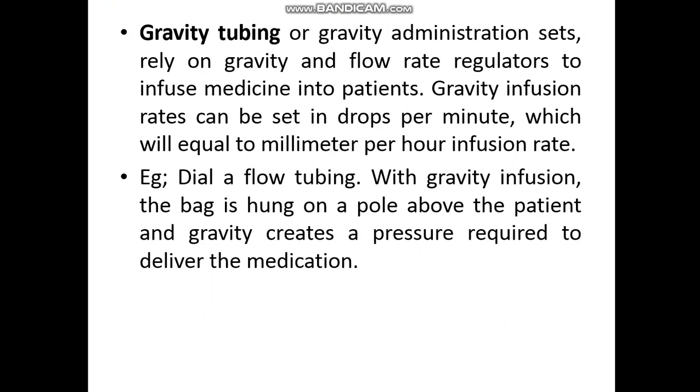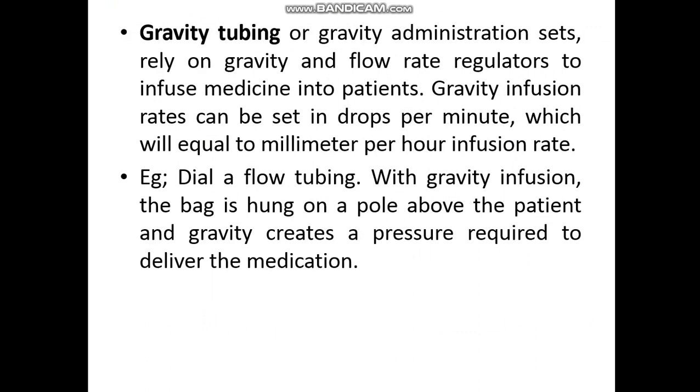Okay. So drops per minute is equal to the milliliter per hour infusion rate. So both rates are equal. Then an example is dial-a-flow tubing with a gravity infusion. The bag is hung on a pole above the patient, and gravity creates the pressure required to deliver the medication.